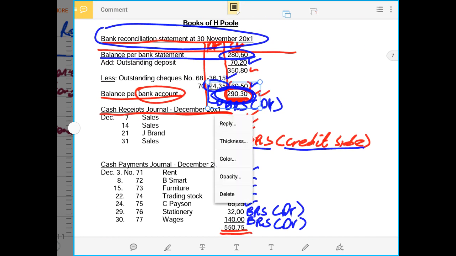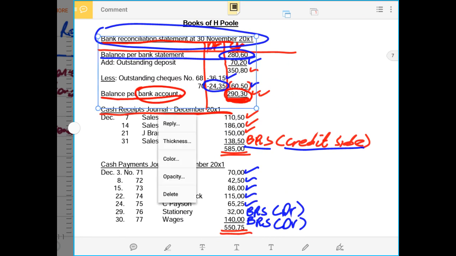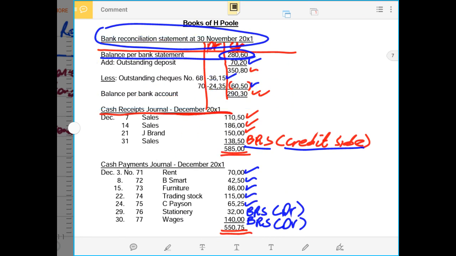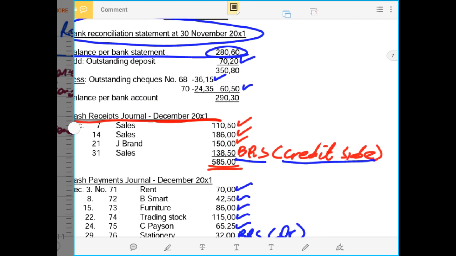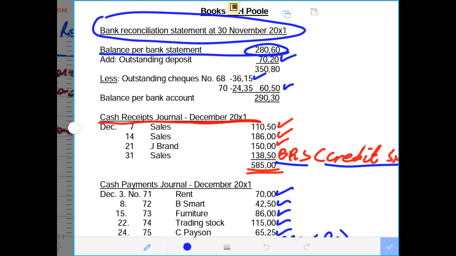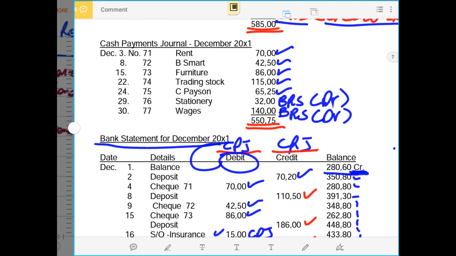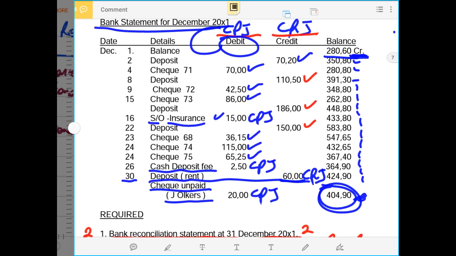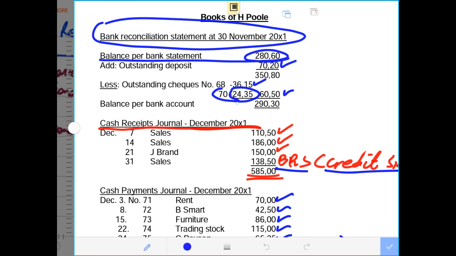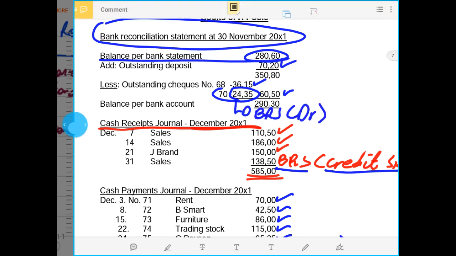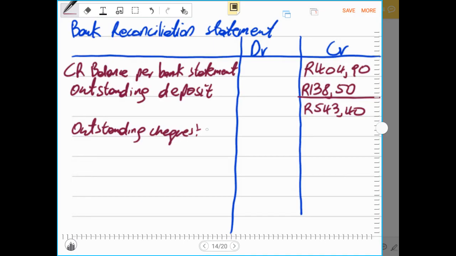So now we said this figure must be recorded in the bank reconciliation statement on the debit side, because it was on the debit side of the previous bank reconciliation statement. So now it will be check number 70 for 24 rand 35 cents.